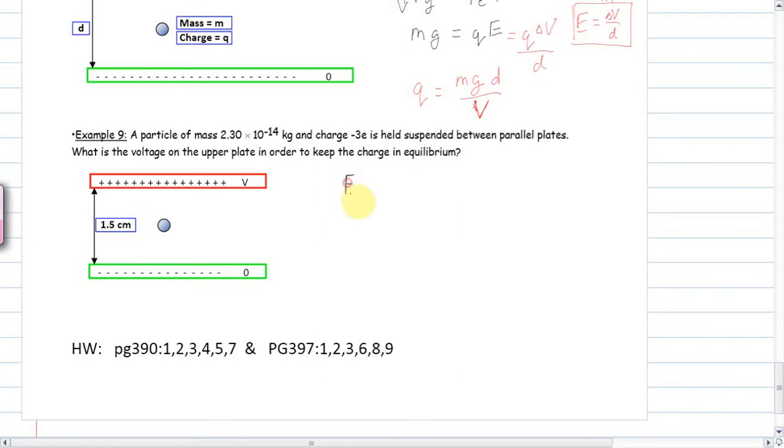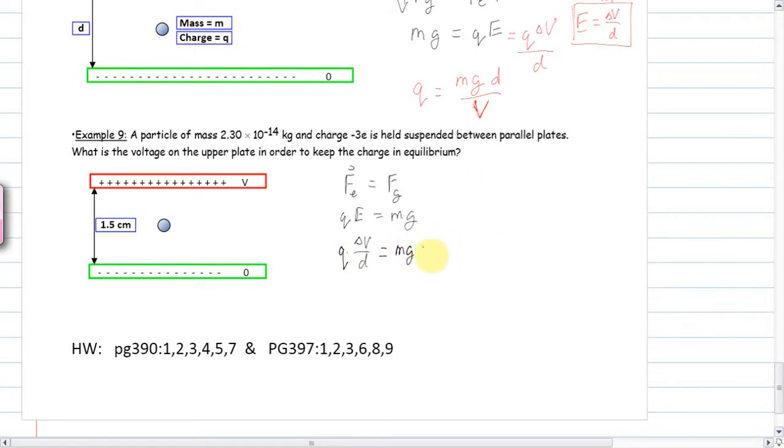So the electrostatic force has to balance the gravitational force. So qE equals mg. I'm going to replace the E with delta V over d because it's parallel plates.